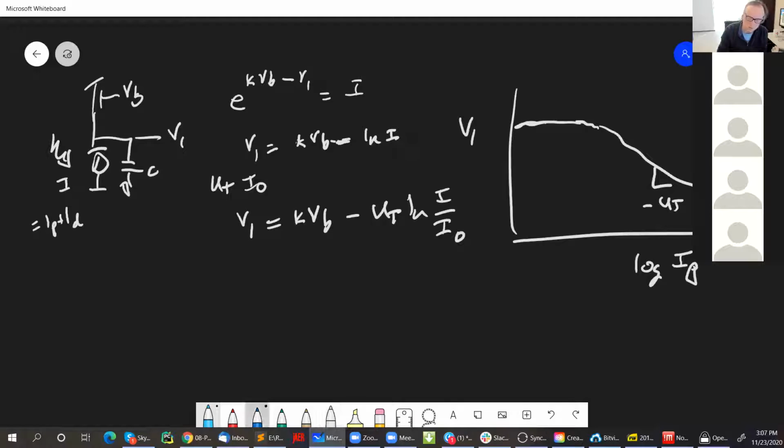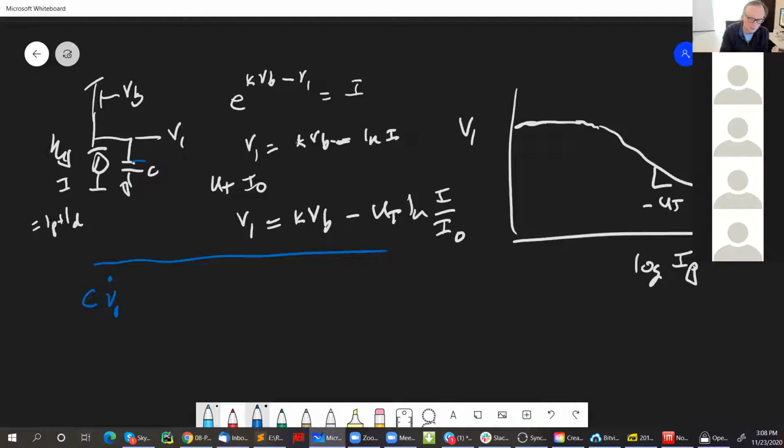So I'll go to a different color here. I'll just write the ODE for this thing. It's simple. What we want to know is the current flowing onto this capacitor here. C times V1 dot, that's the current flowing onto the capacitor. That must be the current through the transistor minus the current through the photodiode.